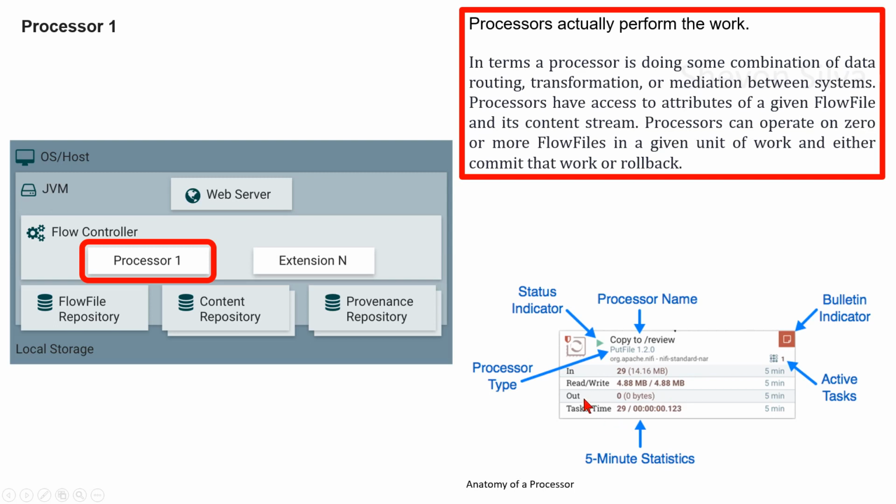Out: the amount of data that the processor has transferred to its outbound connections. This does not include FlowFiles that the processor removed itself, or FlowFiles that are routed to connections that are auto-terminated.